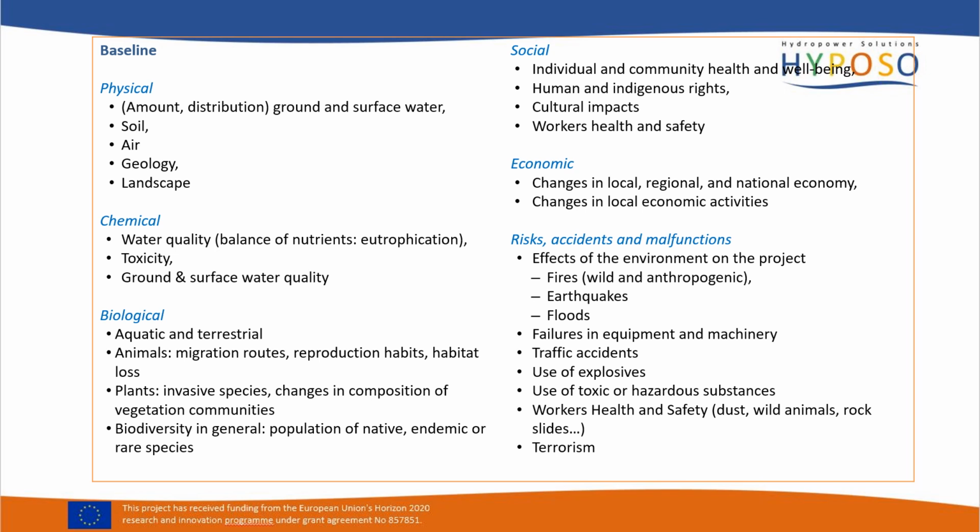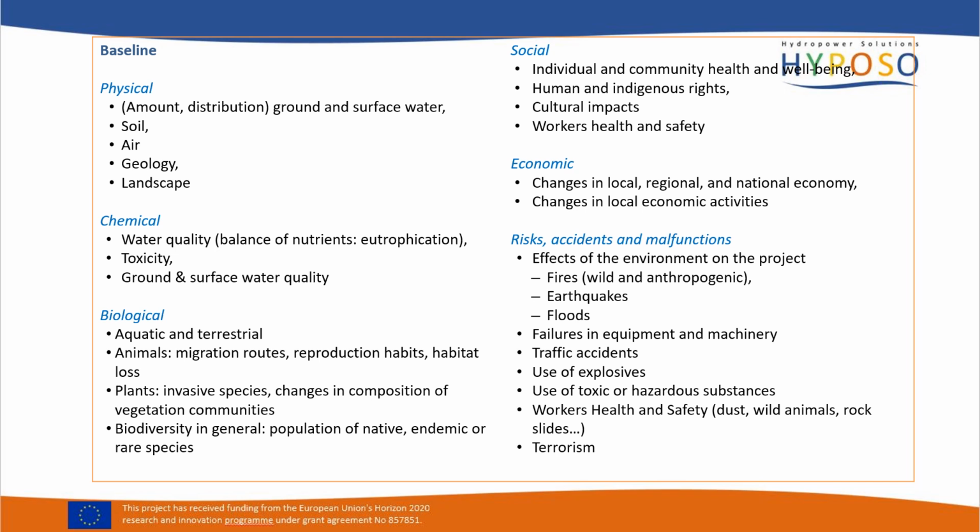social components that include the communities in the area of influence of the project, but also groups that have special needs or that value the environment in a way that is different from the rest of the population. And those are, for example, ethnic minorities.